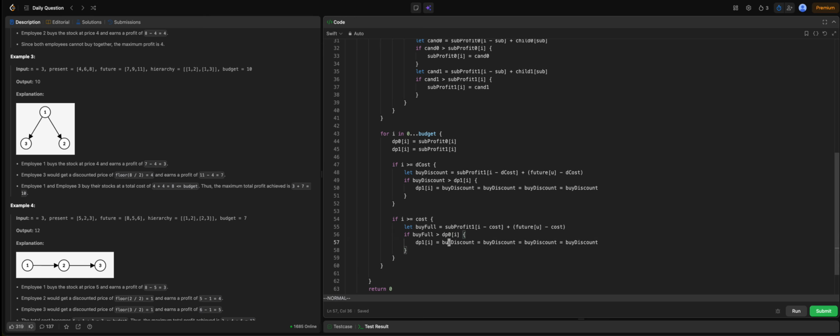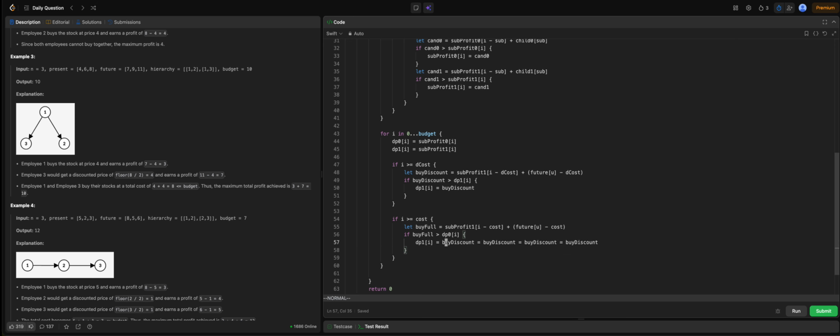And then if the buy full, what are we going to do is, wait, something is wrong, it should be the buy discount, right? It should not be like this. Okay, that will be the buy full.